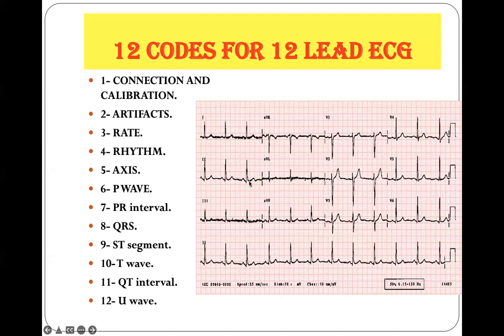Then look at the ST segment, is it elevated or depressed, or is it normally isoelectric. Then look at the T wave, is it hyperacute or inverted, flattened, or small. Eventually calculate the QT interval to see if it is normal, prolonged, or shortened, and finally search for the presence of a U wave.